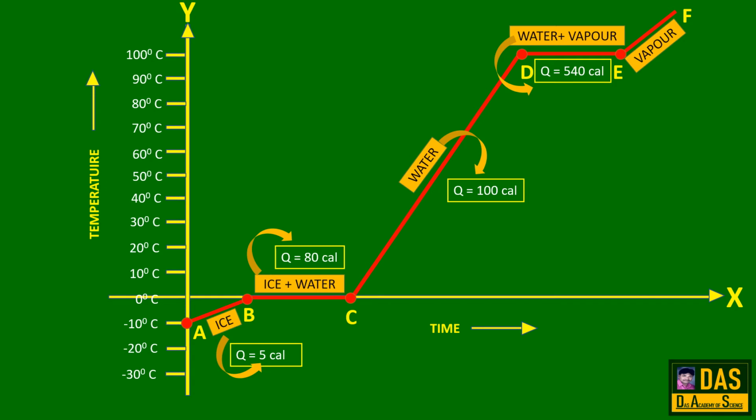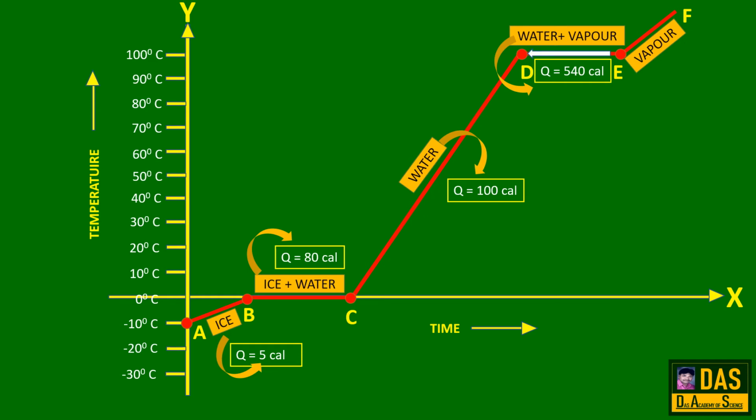One more thing we have to remember here. When we move from A to B, B to C, C to D, and D to E, then heat is absorbed. Why? Because the solid state is converting into liquid state and the liquid state is converting to gaseous state. So we have to heat here so that heat is absorbed by the matter.